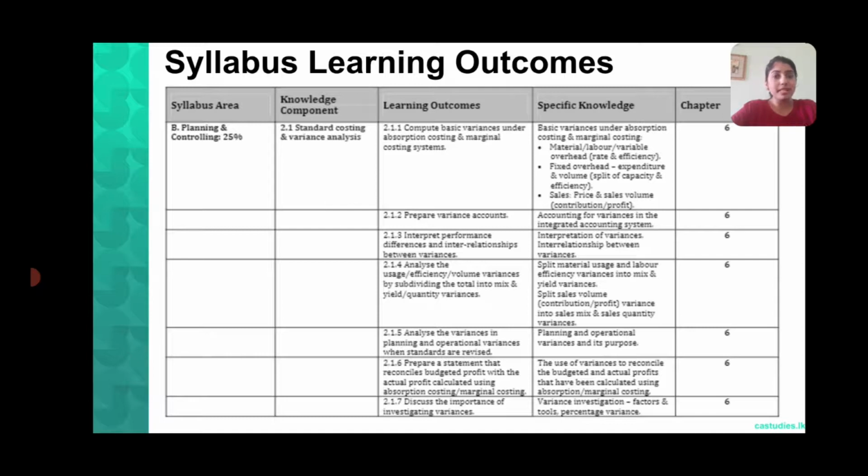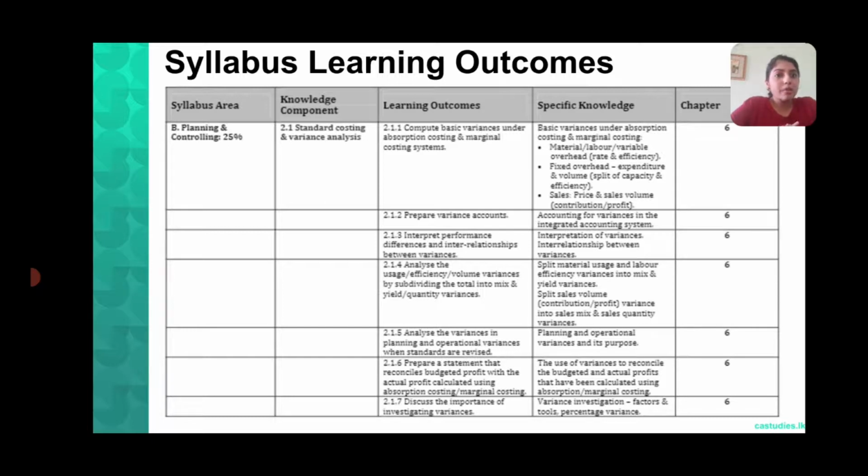There are methods of analysis, and such methods of analysis are explained under chapter 6. So if you go through certain aspects under specific knowledge, they want you to learn basic variances under absorption costing and marginal costing, and then account for variances in the integrated accounting system, and interpret such variances, finding the interrelationships.